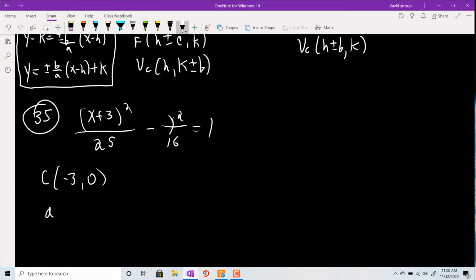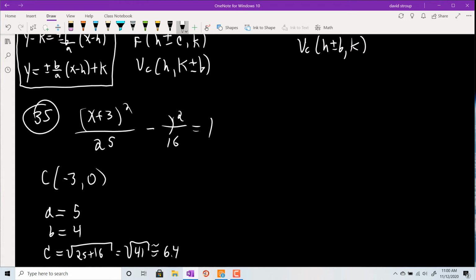And then we need our A, B, and C. So the A value is with the X, with the positive portion here. That will be 5. The B value will be 4. And then the C will be the square root of 25 plus 16, which is the square root of 41, which is about 6 point something.